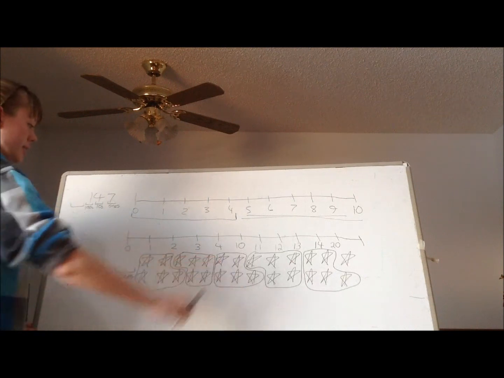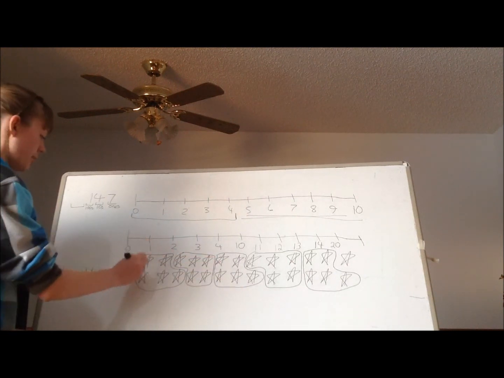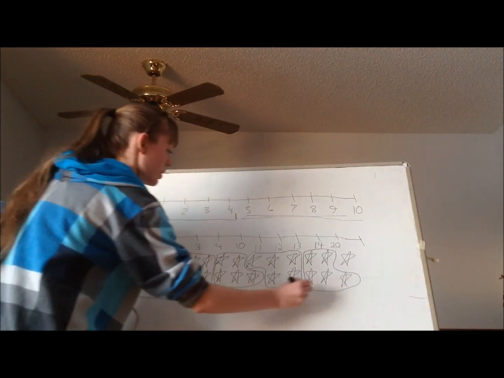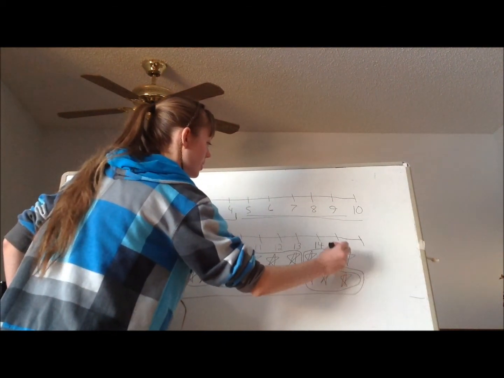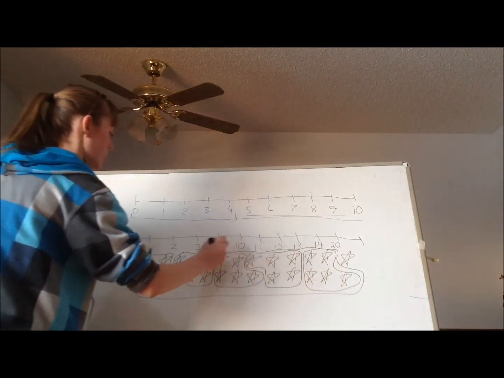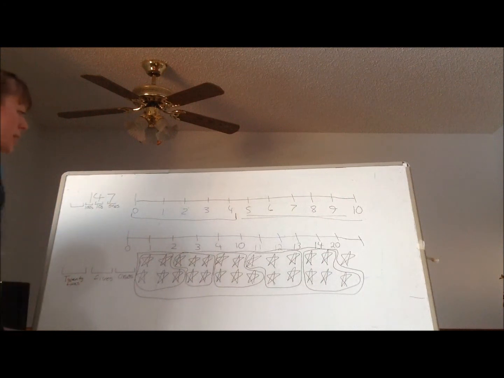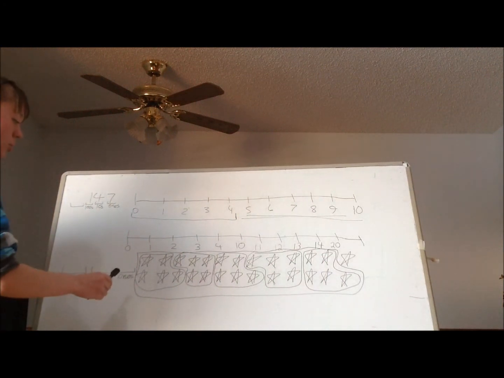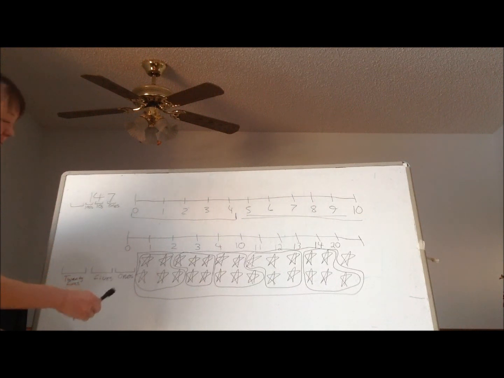So looking at this, we have another group that we could circle, as one group of 5 groups of 5.